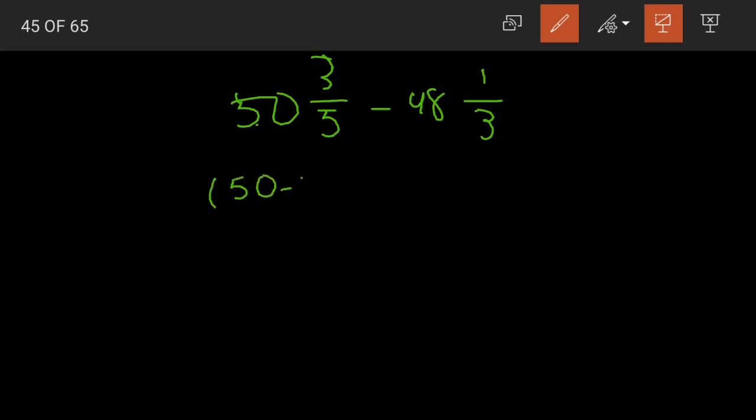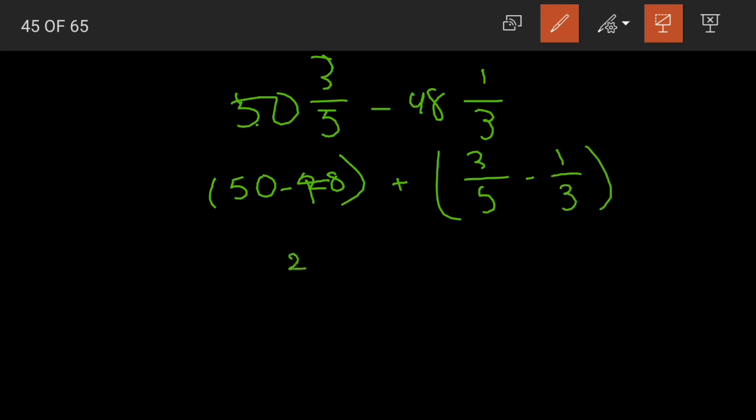First, let us do the whole number part separately: 50 minus 48 plus now the fractional part. 50 minus 48 is 2, plus here 5 and 3 are different denominators, so we'll take the LCM. LCM of 5 and 3 is 15.